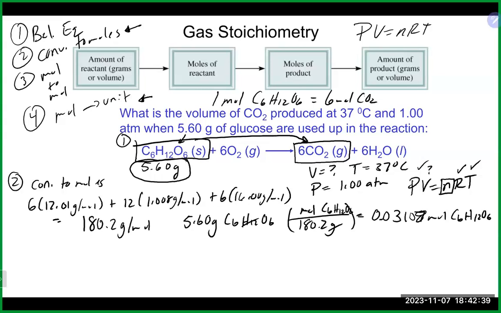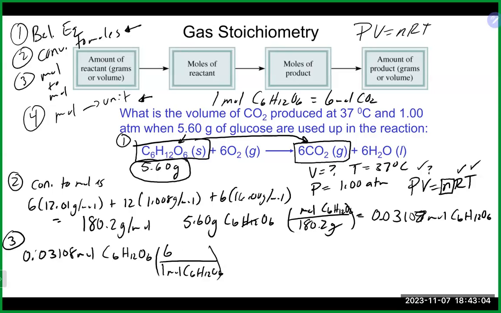So this is the stoichiometry part and really the third step here. At this point, it's still just a basic stoichiometry problem. We're going to use our third step, 0.03108 moles of glucose. From the equation, again, 1 mole of our glucose gives us 6 moles of our CO2.